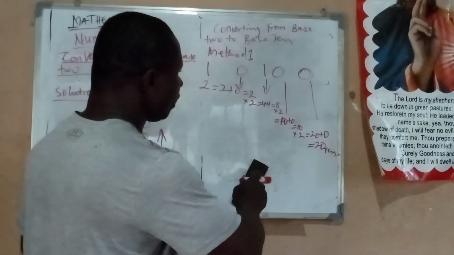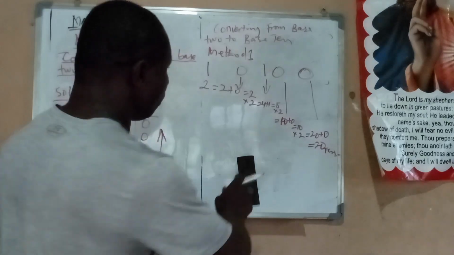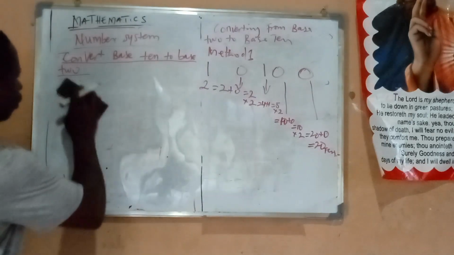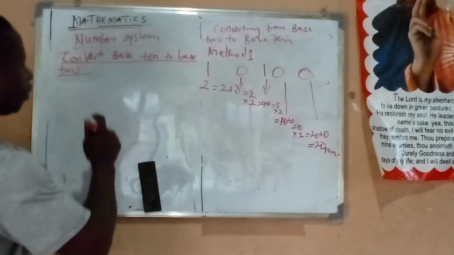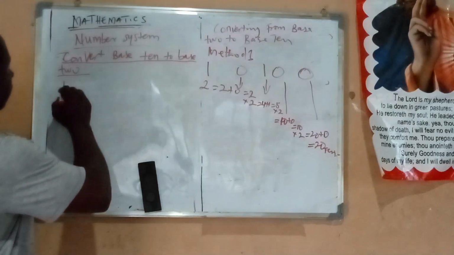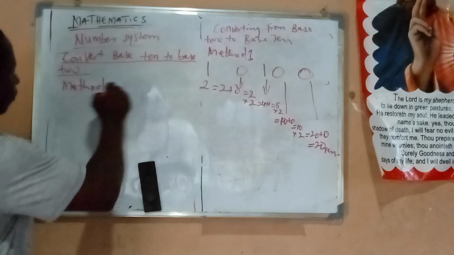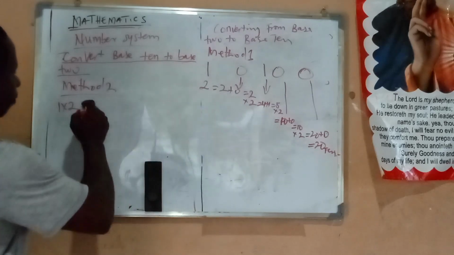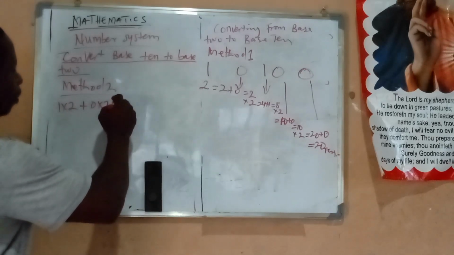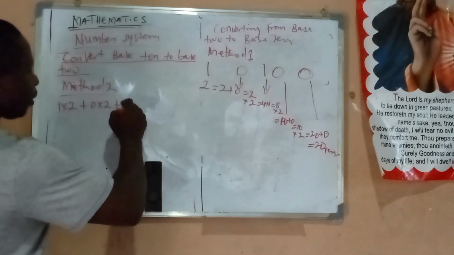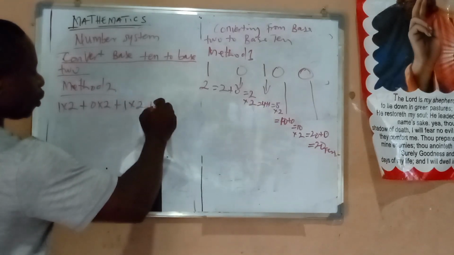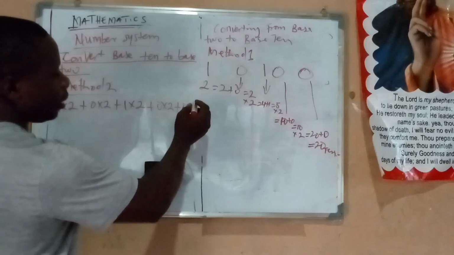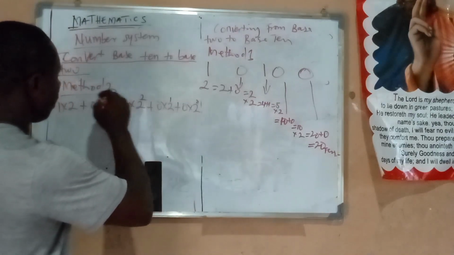Okay, now let's also look at method 2. Here we have 1 times 2, plus 0 times 2, plus 1 times 2, plus 0 times 2, plus 0 times 2. This is the power 0, 1, 2, 3, 4.